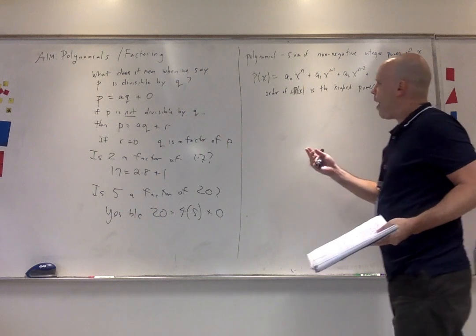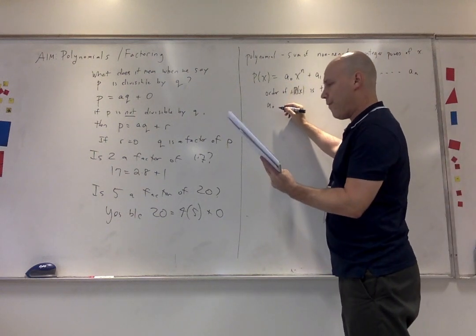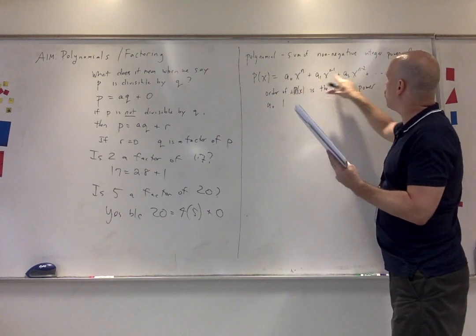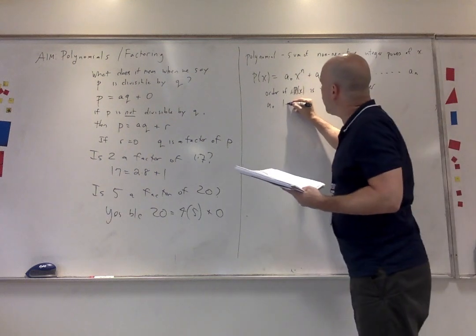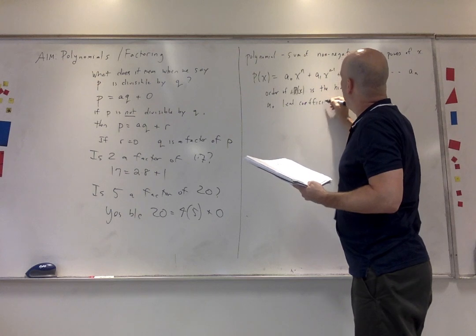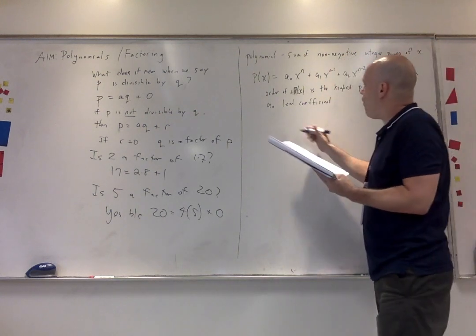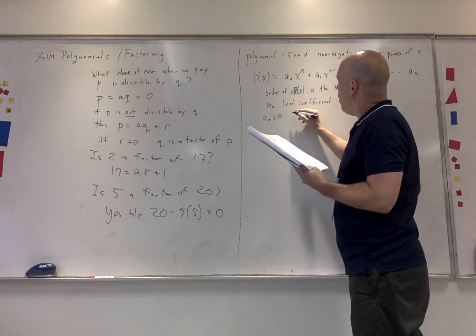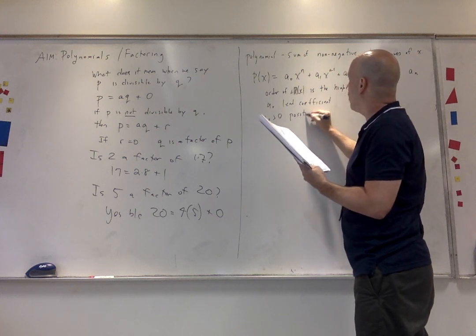A0 is the lead coefficient. These A's are known as the coefficients, and you've studied that. If A0 is positive, we say it's a positive polynomial.